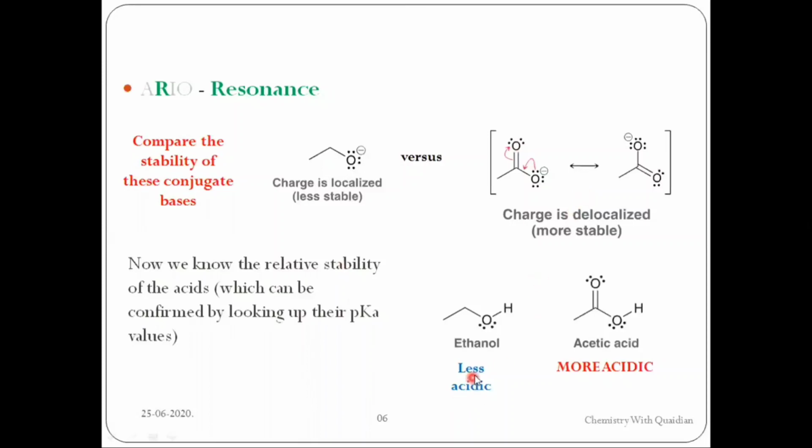So ethanol is less acidic because there is no resonance structure in ethanol, and acetic acid is more acidic in nature because it has a resonance structure and its conjugate base is more stable. But you can confirm the acidic behavior of these two compounds by knowing their pKa values.